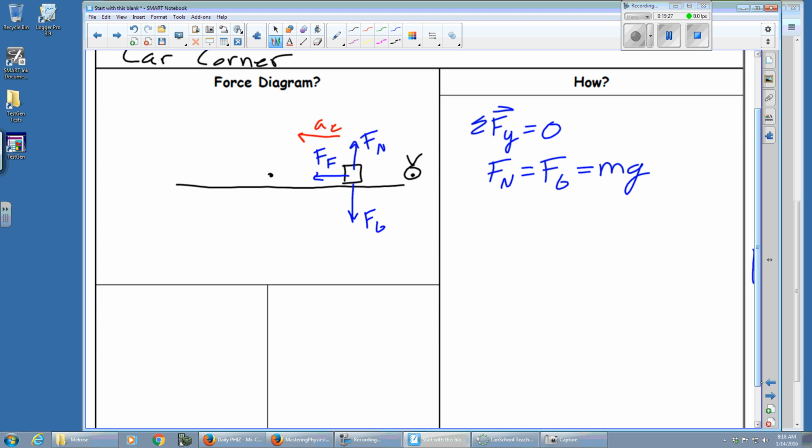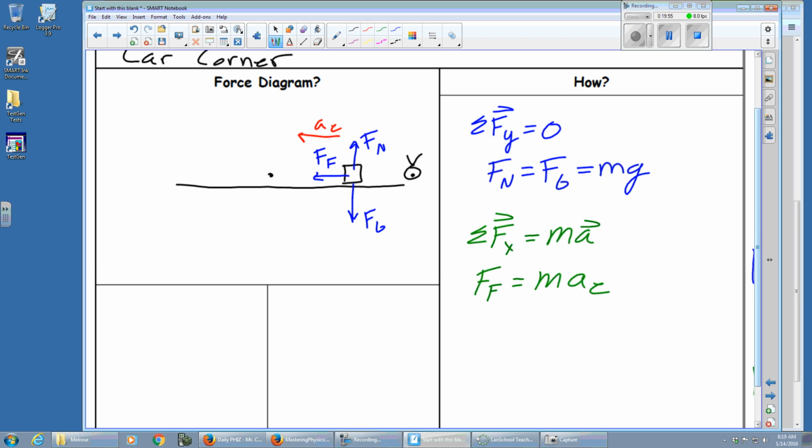Then we can go on to the x, sum of forces equals ma. Again, I'm going to call towards the center of the circle as positive. So my only force towards the center of the circle is the frictional force. I have m, and my only acceleration is that centripetal acceleration.